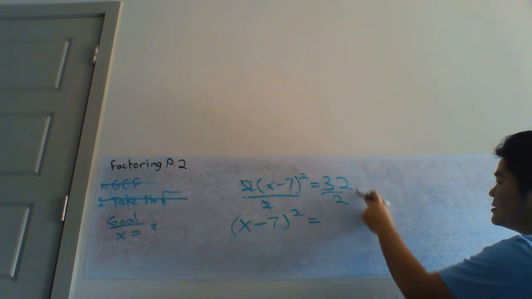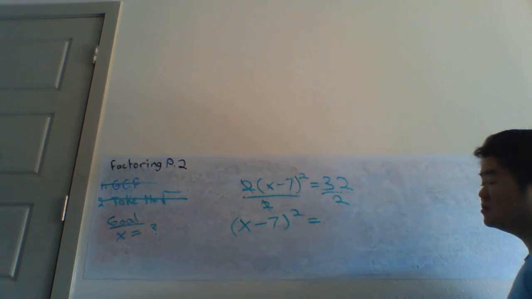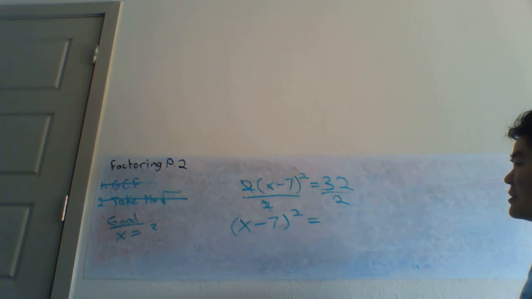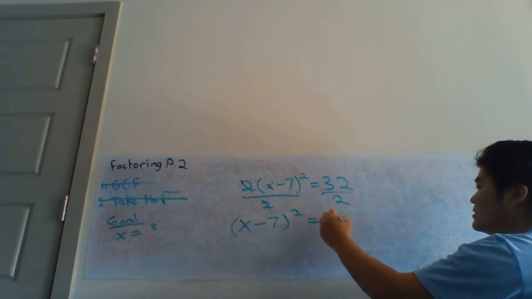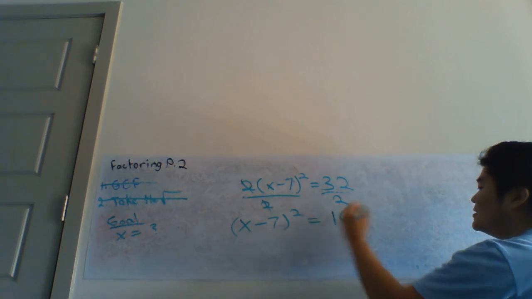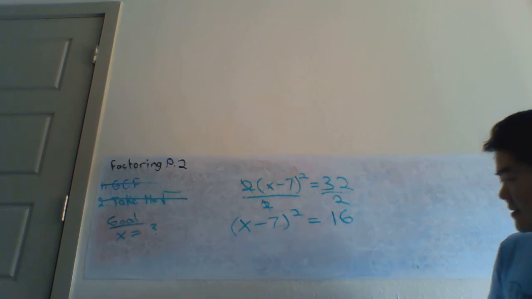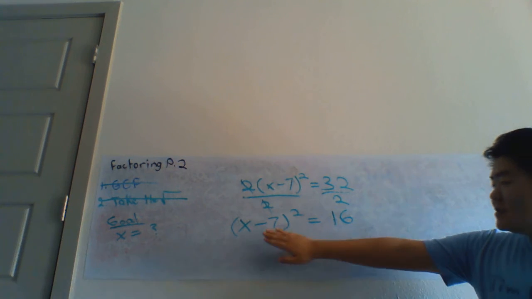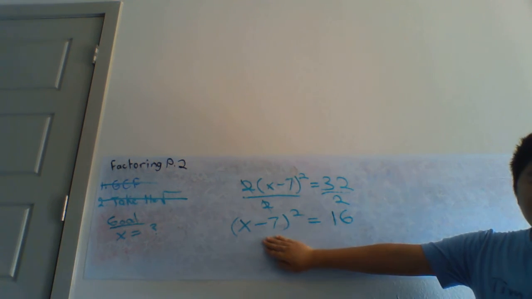Then I've got to worry about this side. 32 divided by 2. I'll give you guys a second. Those of you that said 16, awesome job. So this now looks like the first problem.